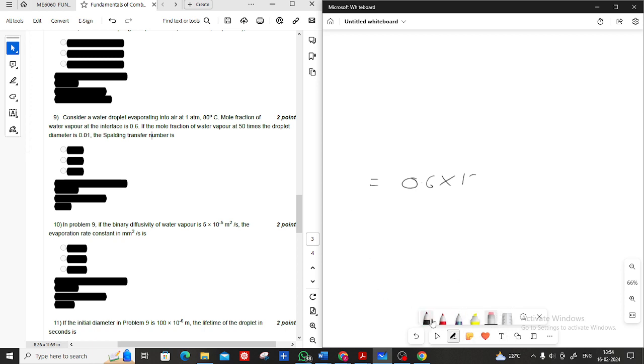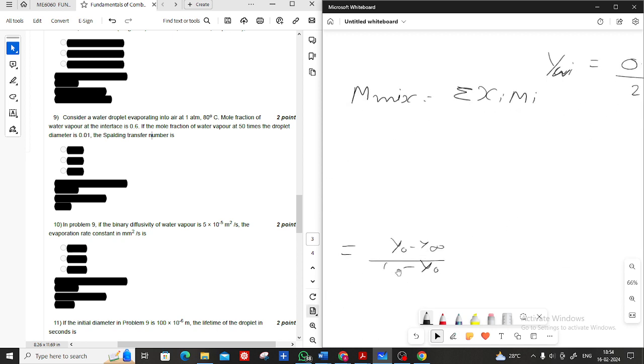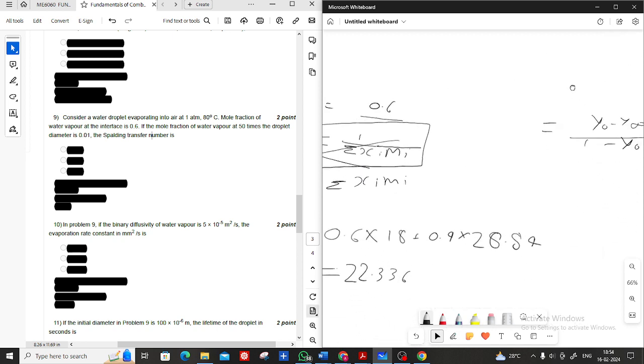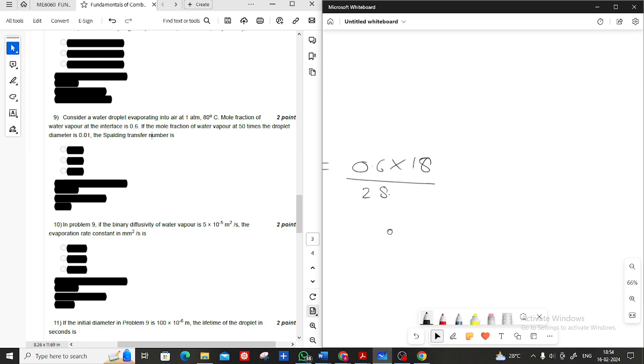YWI, basically the mass fraction of water vapor at the interface, is equal to 0.6 into 18 upon the molecular weight of the mixture. It was coming around 28, right? No, 22.336.